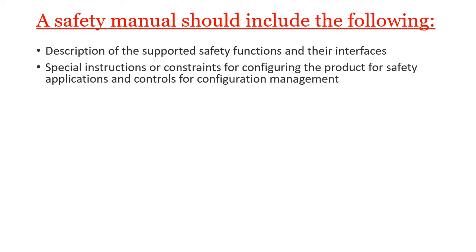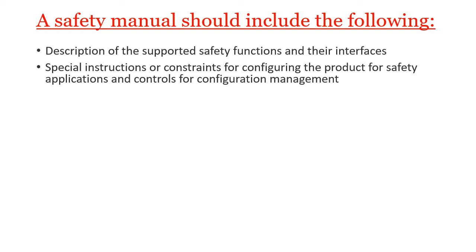These points need some discussion. So what does this line actually mean? This line means that even if your product is certified by IEC 61508 for safety application, you cannot readily use that product in the safety application.